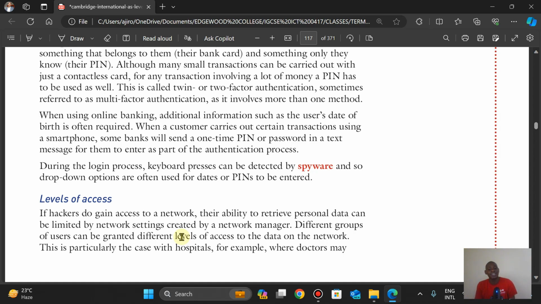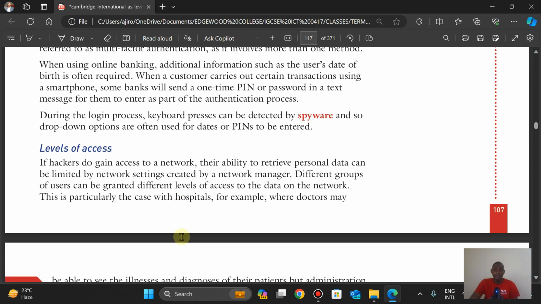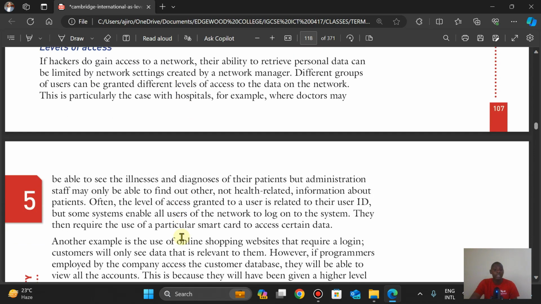This is particularly the case with hospitals and also in federal security systems and agencies, where we call them levels of clearance. You only have clearance for level 2, level 3, level 4, level 5, level 6. So even if level 2 is hacked into, they can only have access to the information provided for level 2.